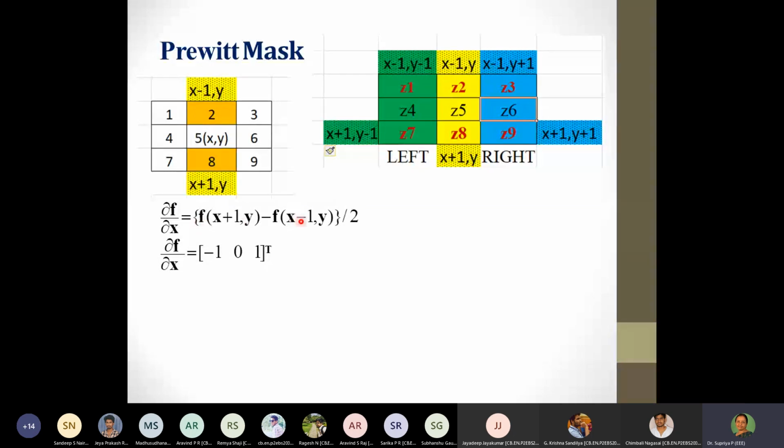This is another expression that you would get for the left side. Similarly, for the right side, you would get f of x plus 1 y plus 1 minus f of x minus 1 y plus 1 divided by 2, which means again you will get here 1, here minus 1, and here it would be 0.